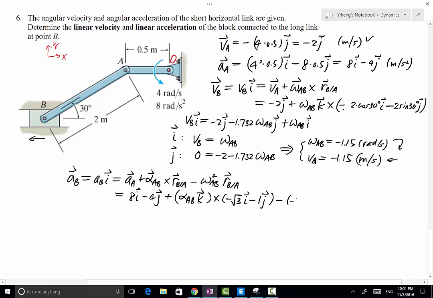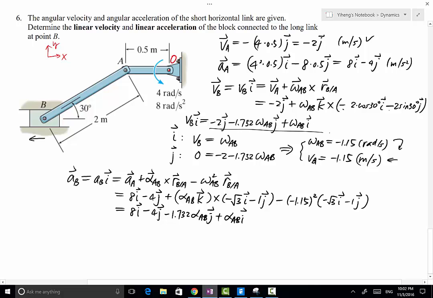Omega AB has been determined to be negative 1.15 squared, and then the relative position again, negative square root of 3 I minus 1 J. Okay, so now that is 8I minus 4J, and then similar to over here, negative 1.732 alpha AB J plus alpha AB I, and then negative sign cancel out, plus 2.309 I plus 1.333 J.